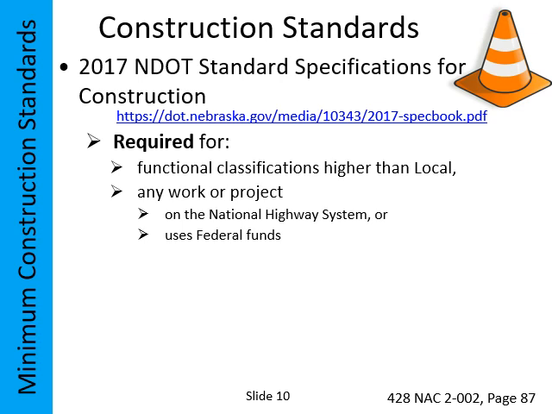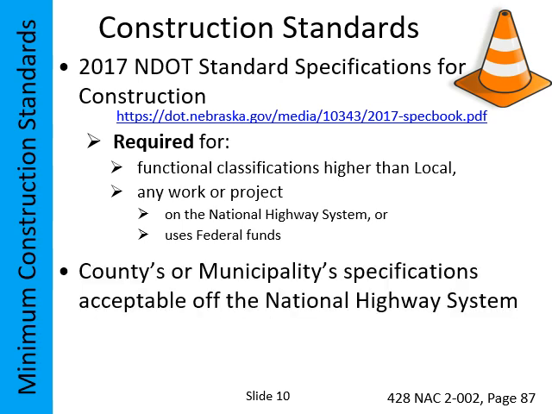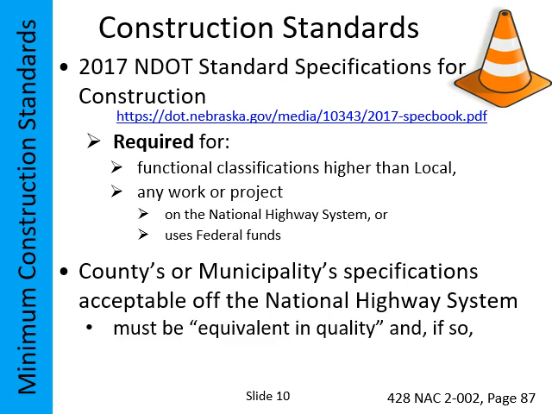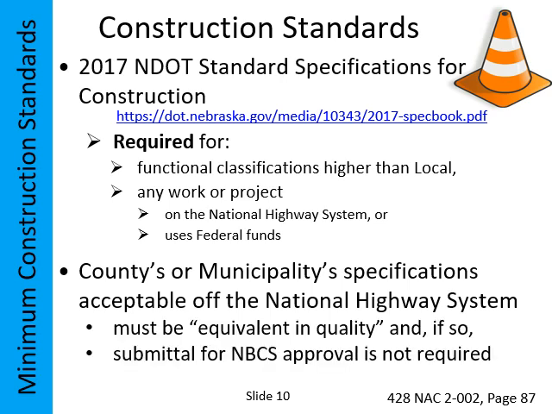The regulation recognizes that a city or county may have its own standard construction specifications. It allows those specifications to be used on city streets and county roads in lieu of NDOT's 2017 Standard Specifications for Construction if those specifications are equivalent in quality to NDOT's 2017 Standard Specifications for Construction, and the work or project is not on the National Highway System.